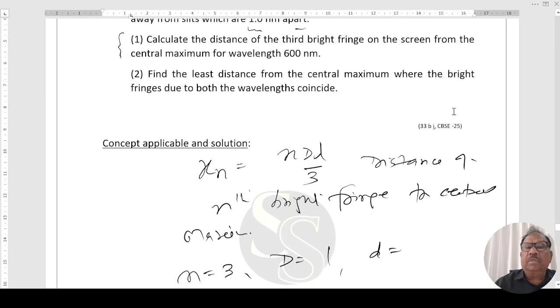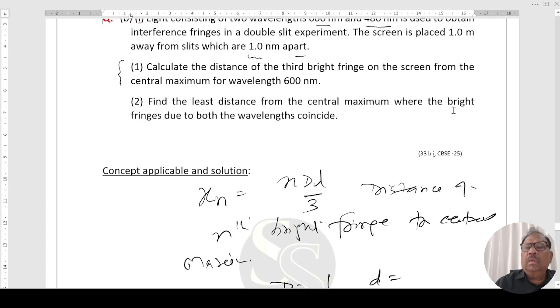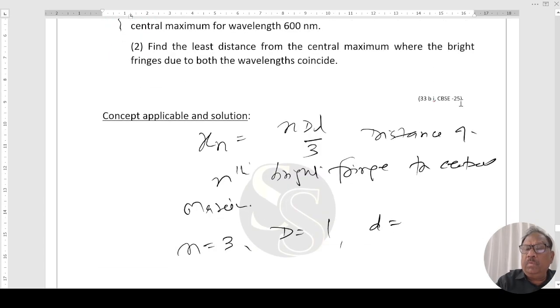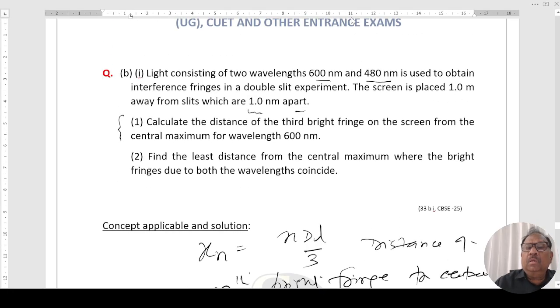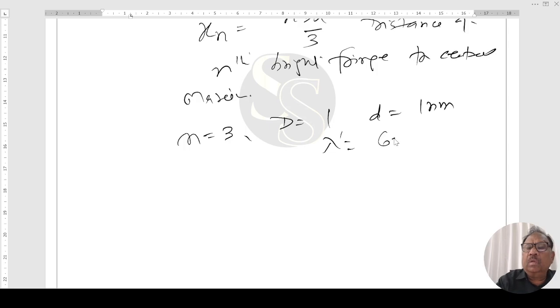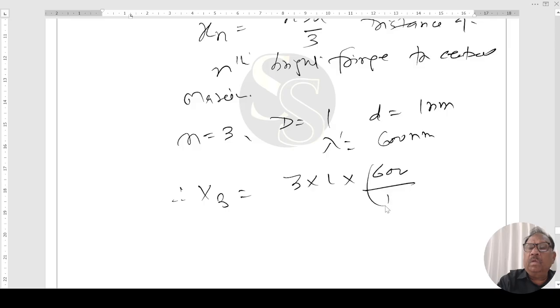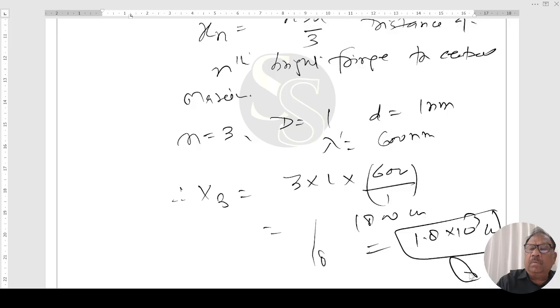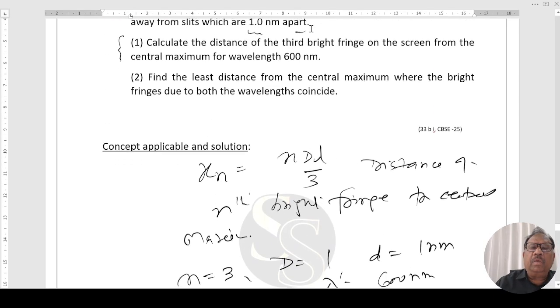The distance between the slits is 1 nanometer, and lambda is 600 nanometer. Therefore, x3 will be equal to 3 into 1 into 600 divided by 1 nanometer. So the answer comes out to 1800 meters, that is 1.8 into 10 to the power 3 meters. This is the answer of part A.